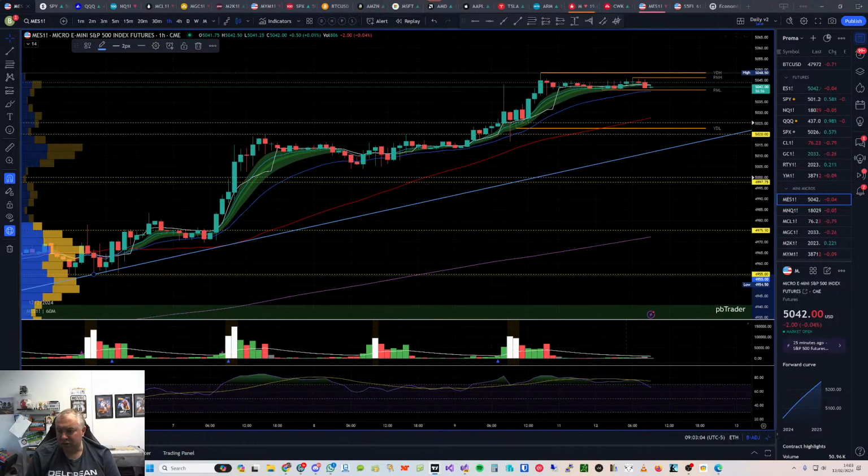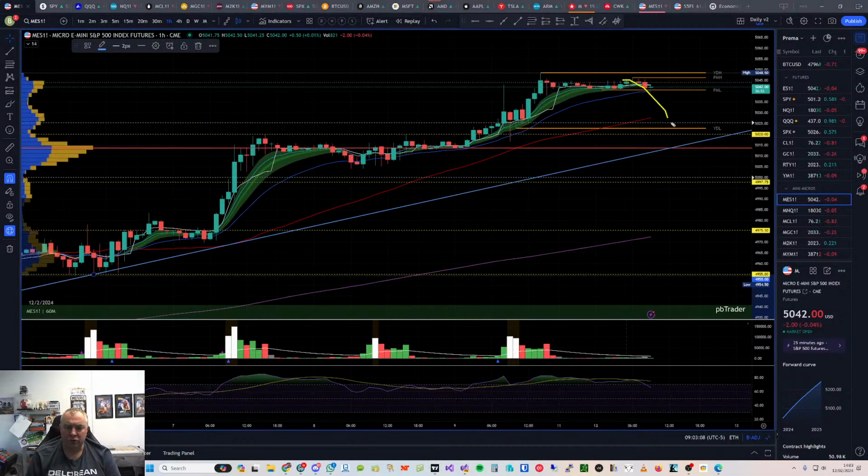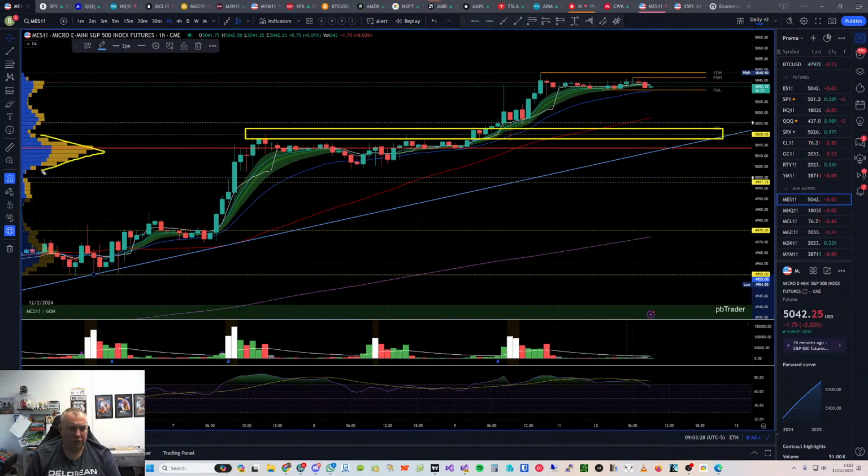So let's just take a look at the levels again. What I'm looking for is a pullback for a trend entry today, and I'm watching Friday's low area and the top of that pivot there. So this entire area is an area to watch, and the area I'm watching is this area here for a bounce. You can see just below we've got quite a lot of concentrated volume, and this can act as natural support as well.